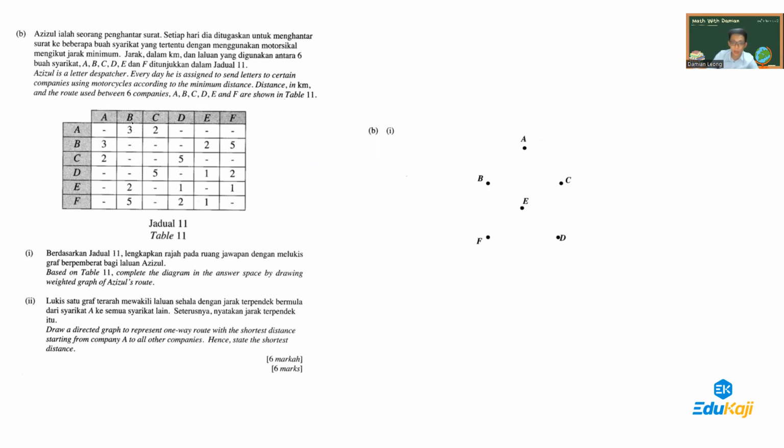Between A and B, these two are the same, which is 3. So I just connect here, 3. Label the distance, label the weightage. A to C here, 2.